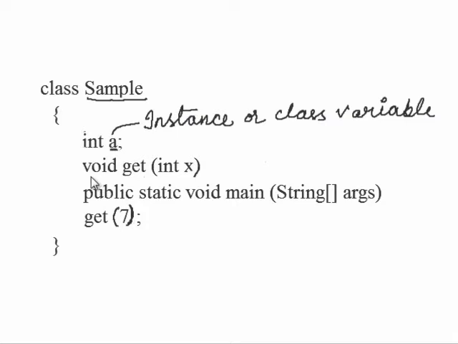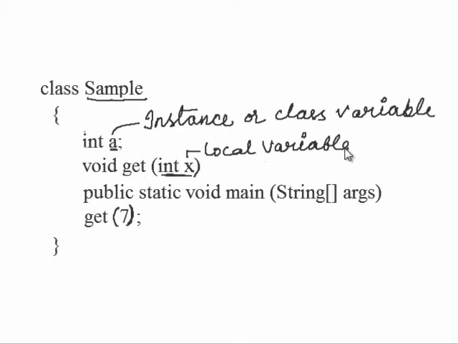Now I have introduced a method. I have declared a method under void return type of the name get, and I have passed a parameter of integer x. The integer x inside the braces is an example of a local variable wherein you cannot use this value anywhere in the class.